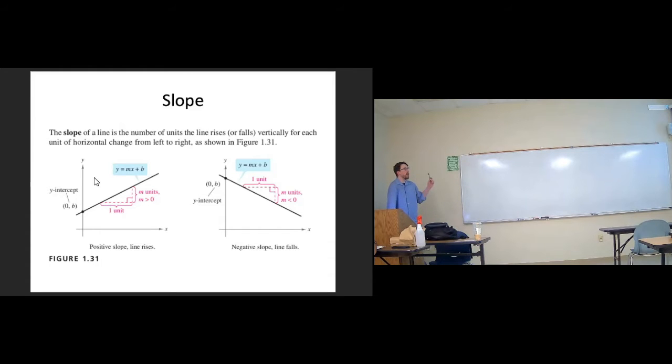Positive slope tells you that as you move to the right, so as x increases, y increases with it. However, negative slope tells you the exact opposite. As x increases, y is going to decrease. Which makes sense, right? It's negative, something's decreasing.